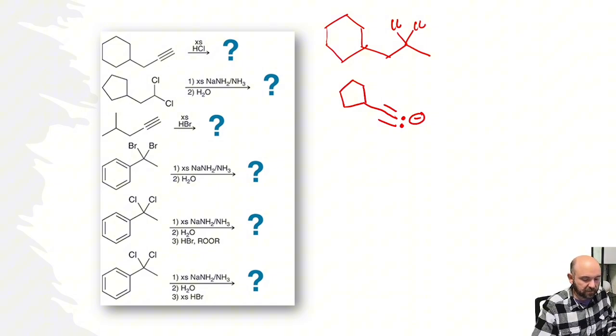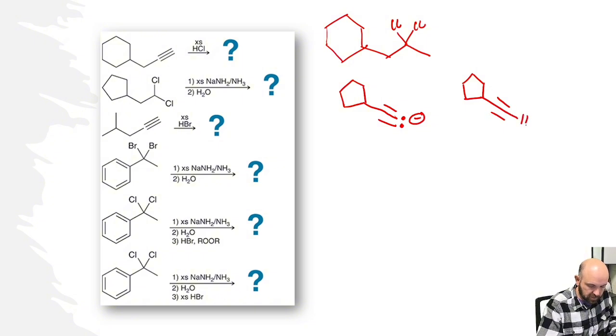But we do see that the second step is a workup with water, and so that will give us eventually the neutral alkyne products with a hydrogen on the end there. In the third example, again, excess HBr is going to add in a Markovnikov fashion to give us a dibromo product.